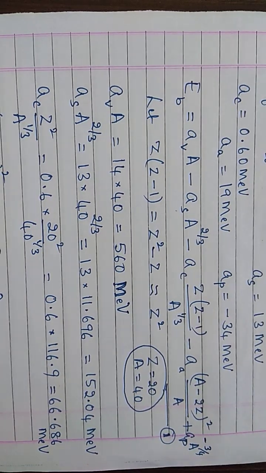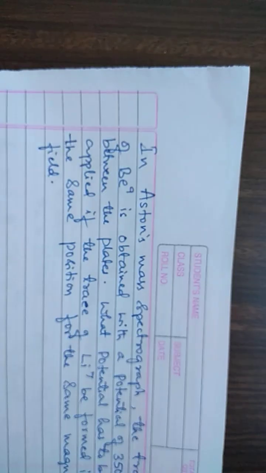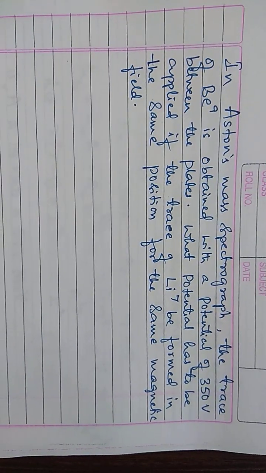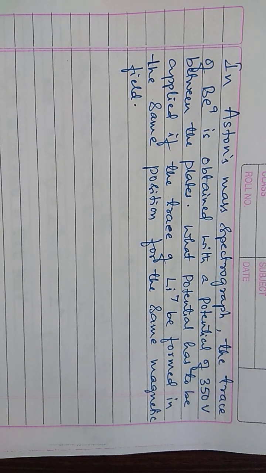Second problem. Let me go for this second problem. Aston's mass spectrograph. In Aston's mass spectrograph, the trace of beryllium-9 is obtained with a potential of 350 volts between the plates.